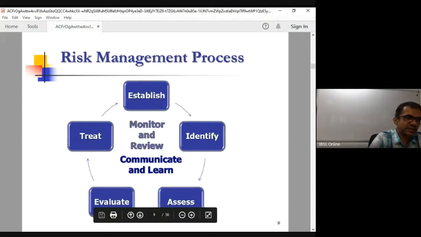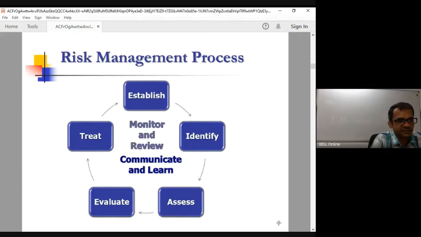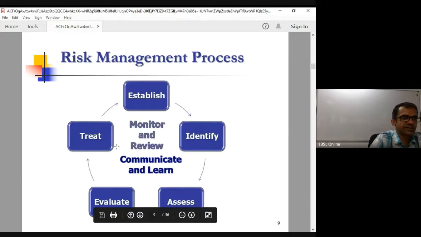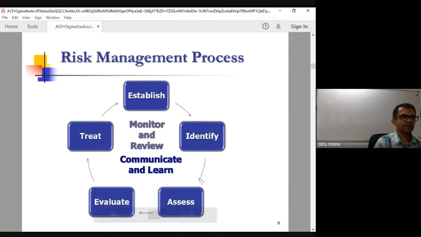And in the middle, we can see monitor and review, because we have to continuously monitor and review these things. That's why it's going in a cycle. Then the other part is the most important thing: communicate and learn. Someone at the top, maybe a risk committee or someone, may have set up nice procedures, how to do risk management, how to control these risks, what are the limits, things like that.